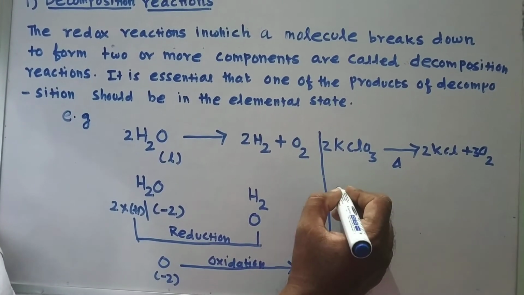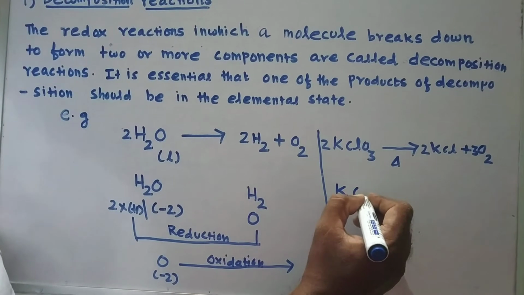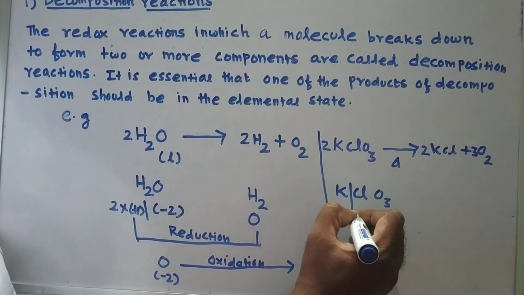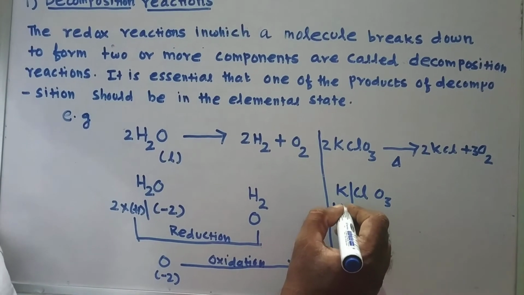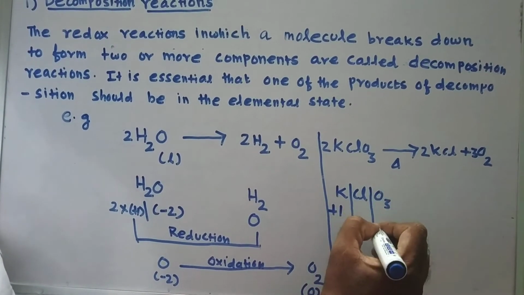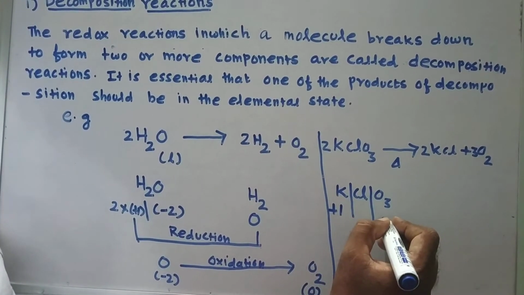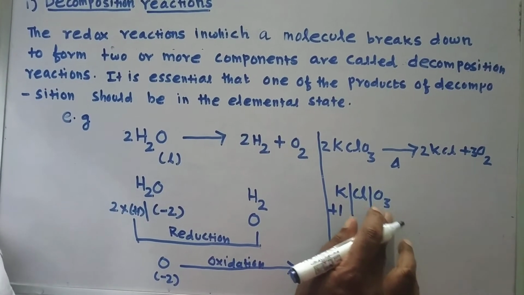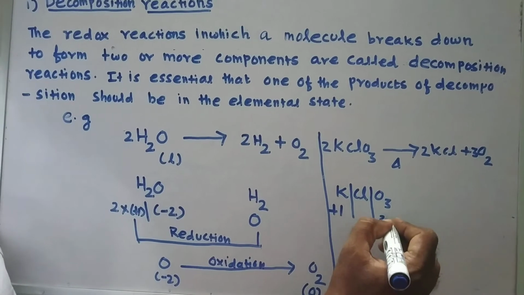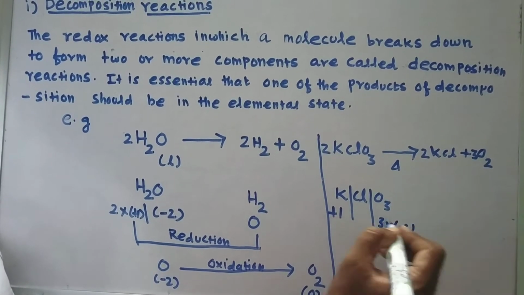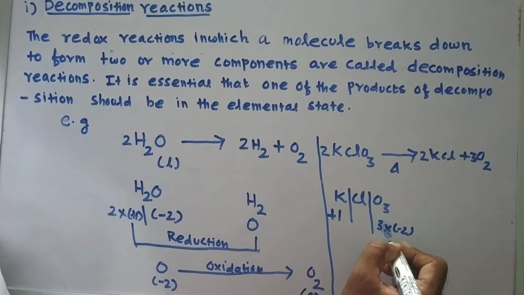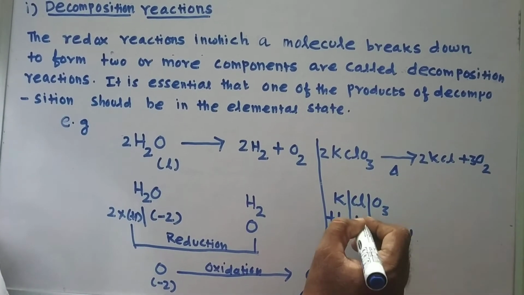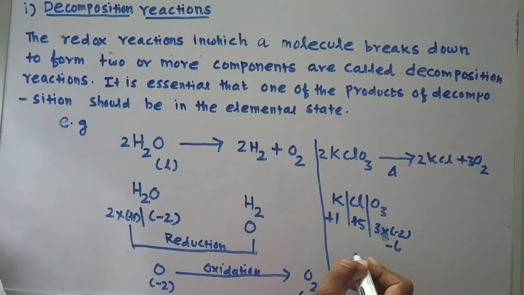Now first of all, let us consider KClO3. Potassium is in the state of +1 and oxygen is in the state of -2, there are 3 into -2, therefore +1 and -6. To balance, there is a +5. Therefore chlorine is in the state of +5.